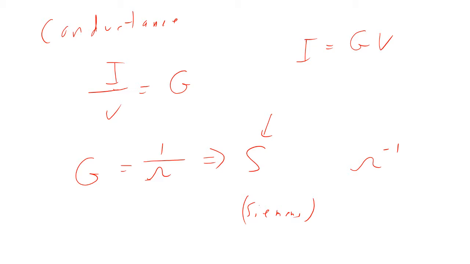An ohm is the unit of resistance, so this is sometimes called a mho, which is ohm written backwards. I know it sounds silly, but that's sometimes actually done. It's not official anymore, but some old books have that, and some older engineers still talk about mhos.